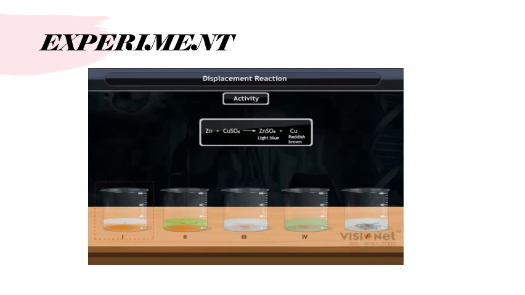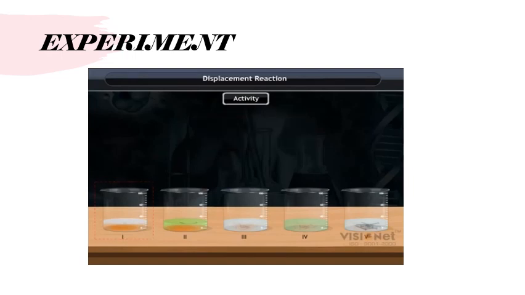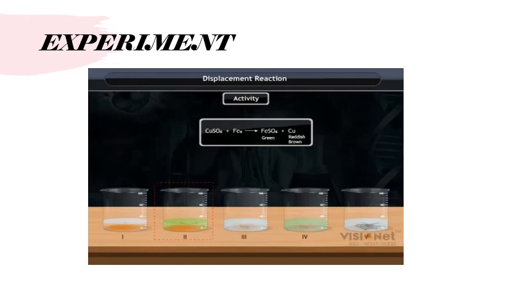Because of this, the blue color of copper sulfate disappears and a reddish-brown substance, that is copper, gets deposited at the bottom of the beaker. Similarly, in beaker 2, iron replaces copper from the copper sulfate solution. Hence, the color of the solution changes from blue to green and a reddish-brown substance gets deposited on the iron nail. We conclude that displacement reaction takes place between the more reactive metals and the less reactive metals of a salt solution.